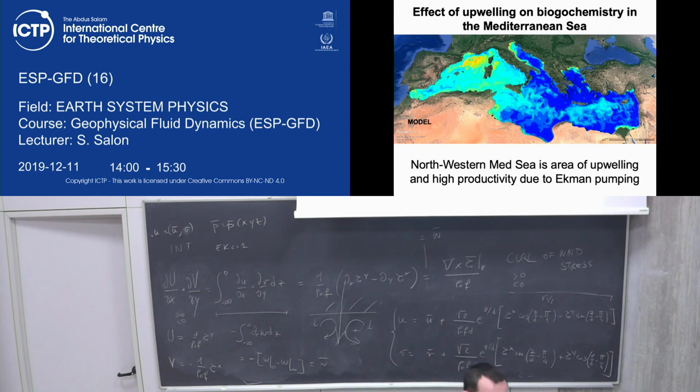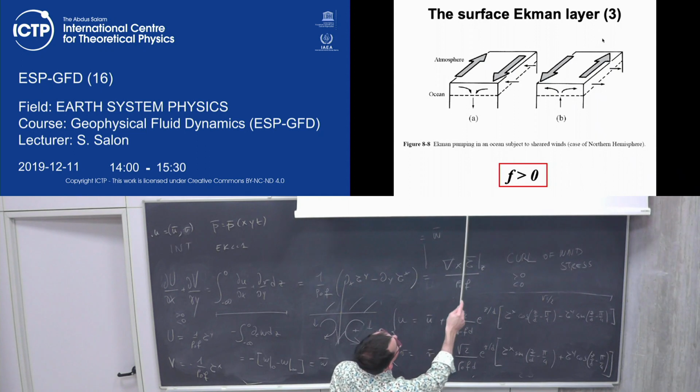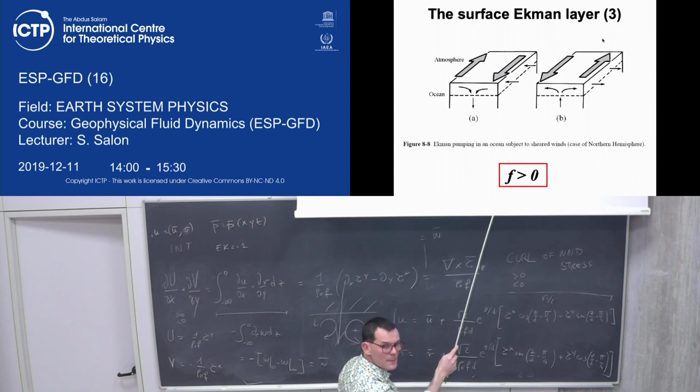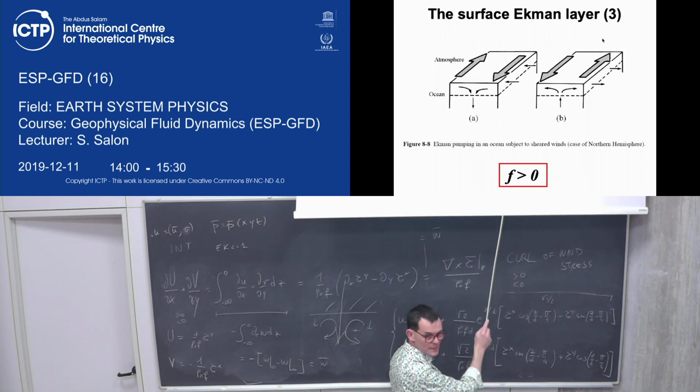What is the role of temperature in upwelling? Sorry? The role of temperature in upwelling. So the role of temperature is that usually what you have here is a stratified condition. So you have higher temperature here and lower temperature here. So when you have upwelling, what happens is that you have colder temperature which goes up.